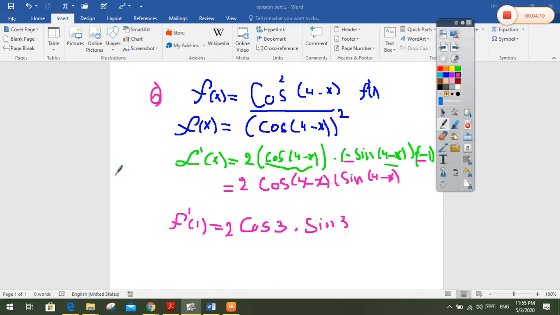Then solve. After you solve, choose the answer like your answer. Try to finish the exam in 45 minutes and leave the last quarter hour, the last 15 minutes, for revision. I hope you understand.